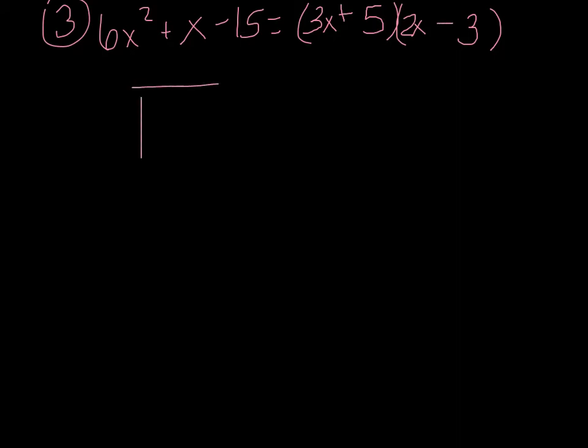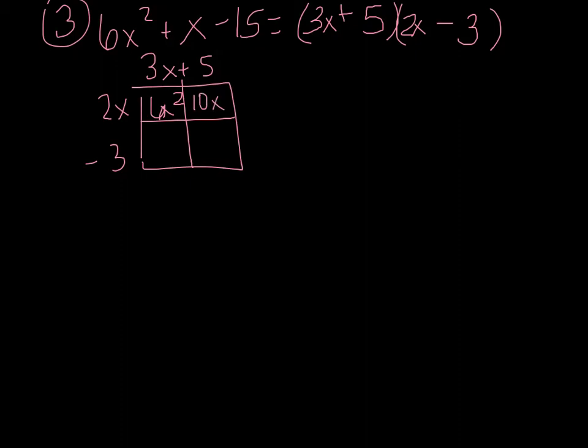And again, we need to check to make sure we have the correct factorization. So we have 3x plus 5, 2x minus 3. 3x times 2x is 6x squared, 2x times 5 is 10x, negative 3 times 3x is negative 9x, negative 3 times 5 is negative 15.